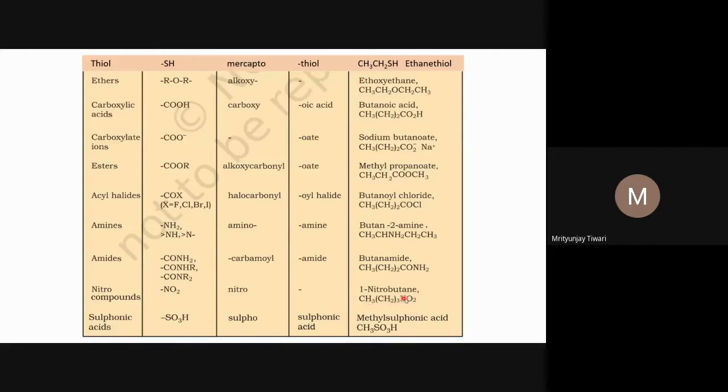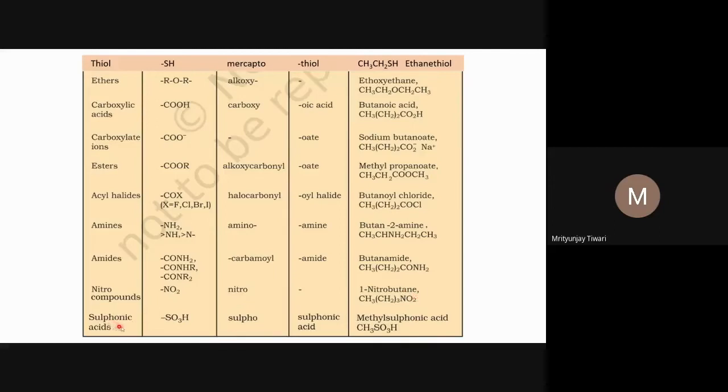However, we see this NO2 group can be attached to the second carbon atom from the right hand side, so there will be a possibility of position isomer. So the position of this NO2 group will be shown. So this is nitro, and since the nitro group is attached to the first position, it will be 1-nitro, and then butane, because this compound contains 4 carbon atoms.